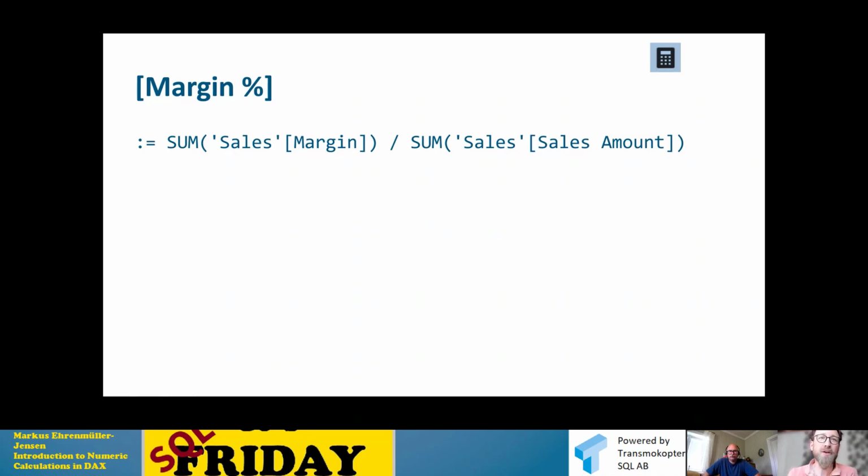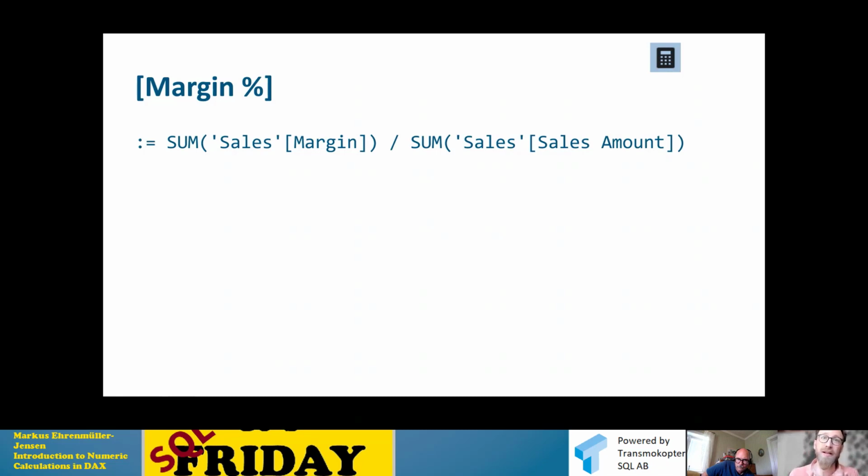The reason is because the measure lives outside of the model. So it looks at the sales table, and the sales table potentially has more than one row containing a margin. So what should we do with those margins? Should we sum it up? Should we take the average? Should we take the smallest, the biggest, or whatever? So you have different ways of aggregating stuff. So this is necessary in the measure.